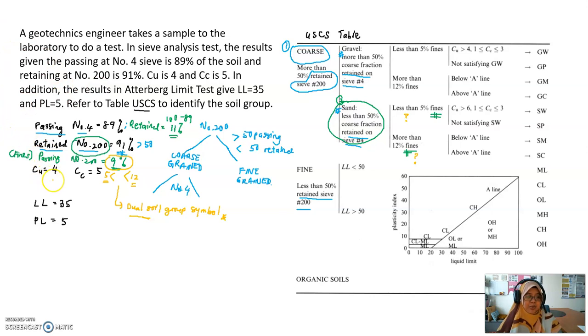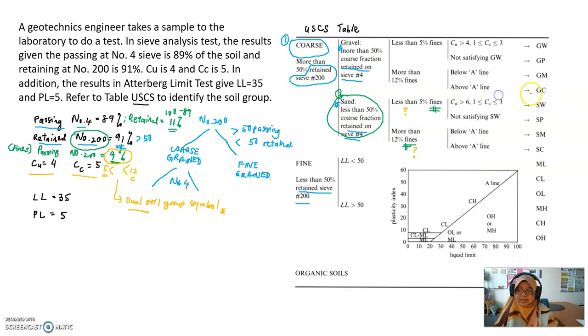We are given Cu equal to 4 and Cc equal to 5. So let's check for the sandy soil. Here is the sandy soil group, so let's focus on this group. Cu of 4 is much lesser than 6, and Cc is 5, which is not in the range of 1 to 3.